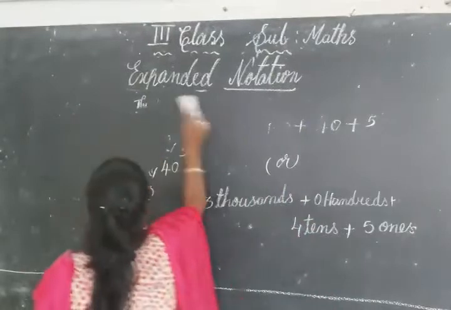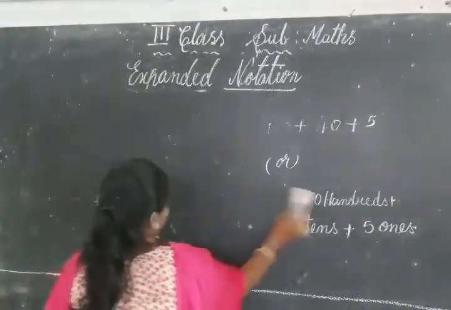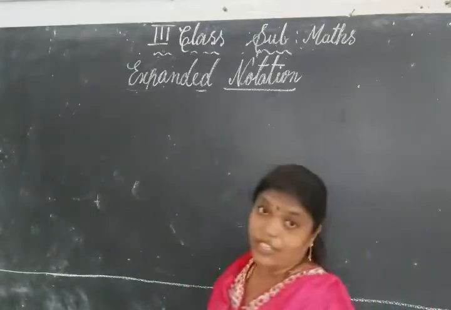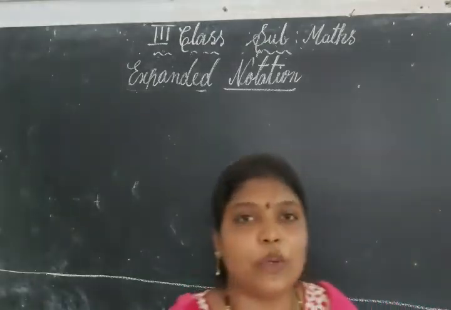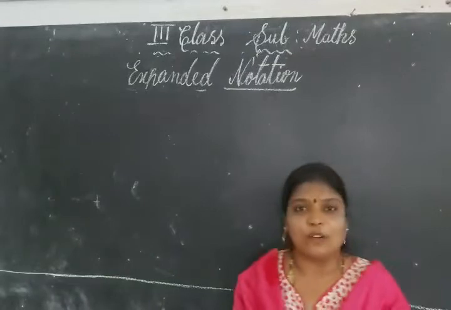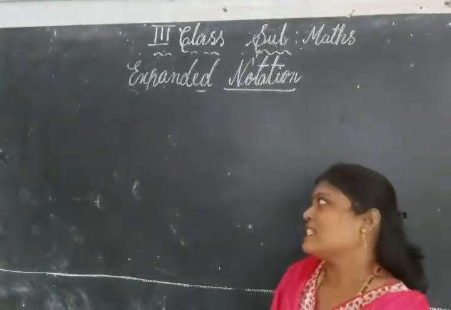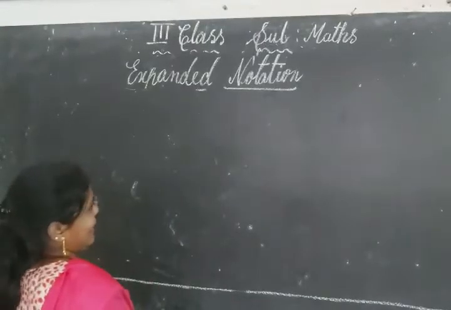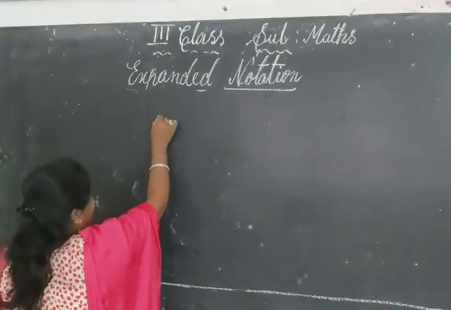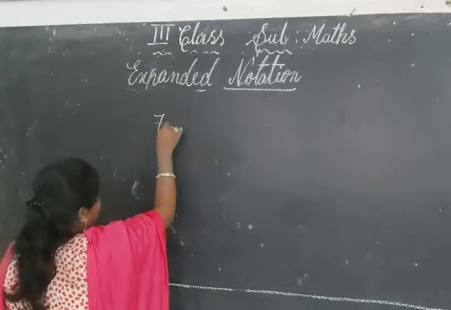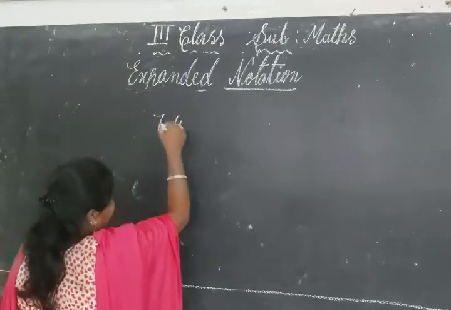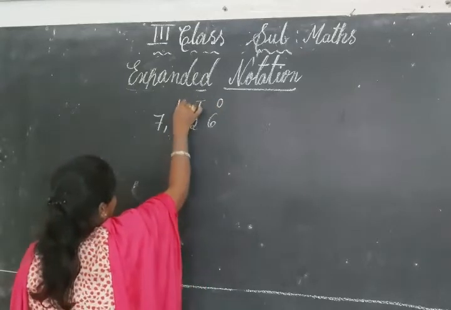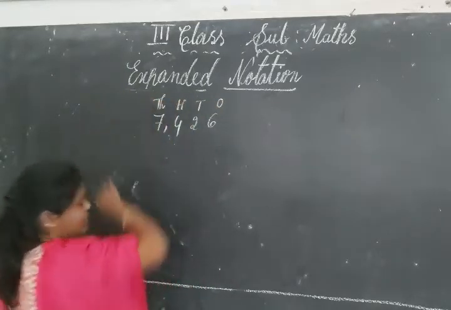Children, you can understand this very clearly and easily. There is a simple trick for you to understand this better. Let's see what that trick is. Let's take any number, for example 7,426: ones, tens, hundreds and thousands.